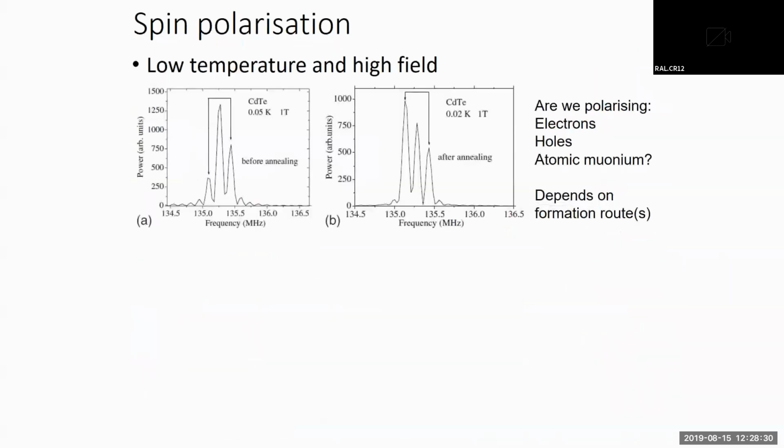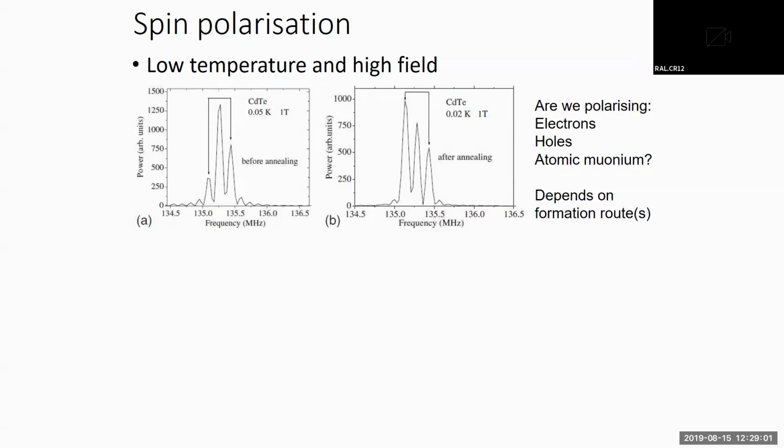And you can actually do tricks with these. You can try to polarize the electrons by using very low temperatures and high fields. We can see here, this is cadmium telluride at 50 millikelvin and 1 Tesla, measured at PSI. Depending on what the sample history is, you get polarization either way around. The question is, are we polarizing the electron before it captures onto the muon?